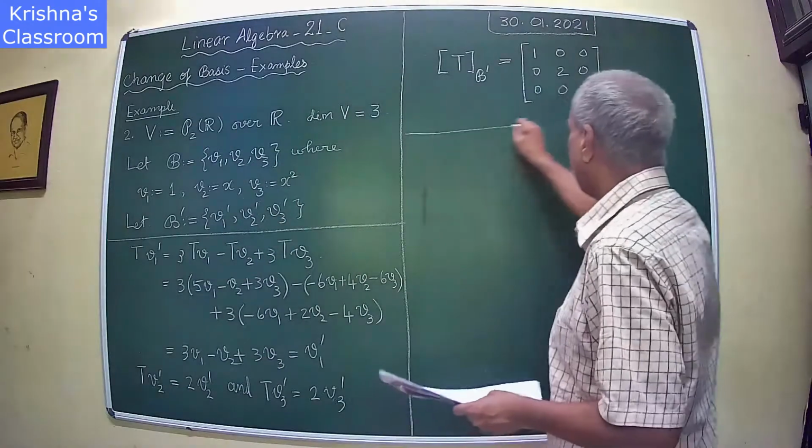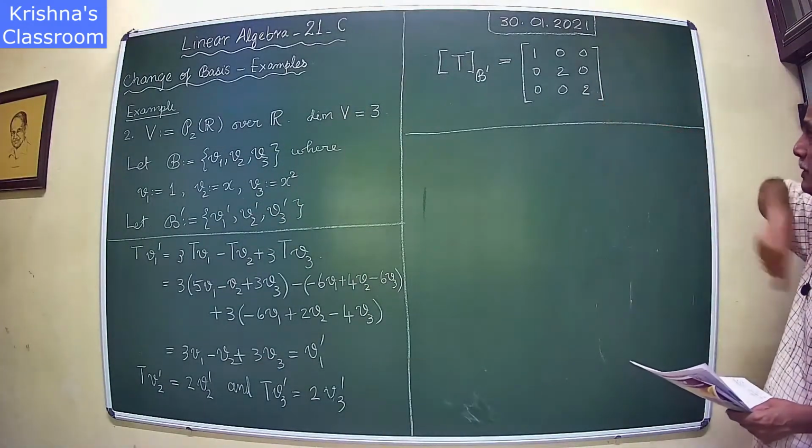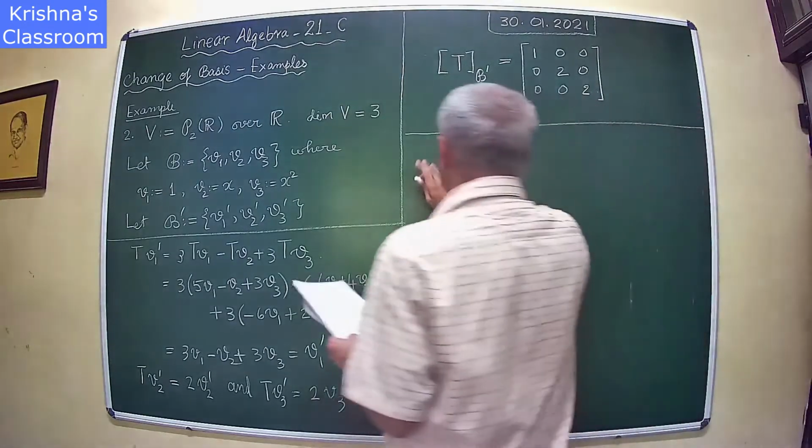Now you see that we have got both T B and T B prime. How are these two related?